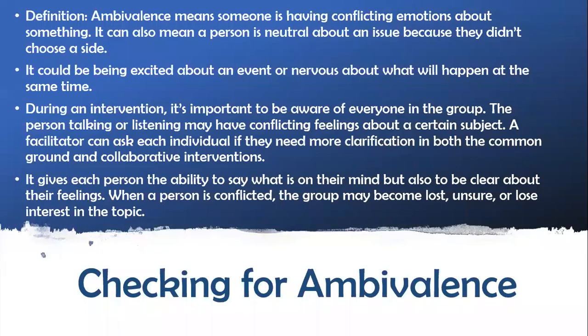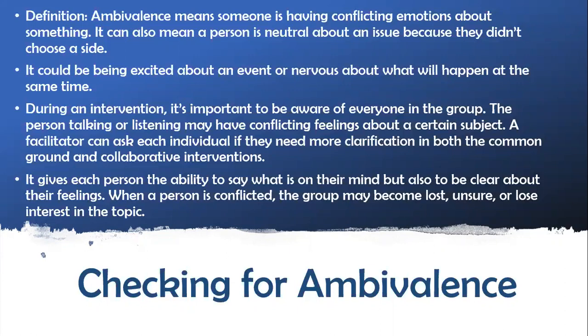Checking for ambivalence. It means someone is having conflicting emotions about something. It could also mean a person is neutral about an issue because they didn't choose a side. It could be being excited about an event or nervous about what will happen at the same time. During an intervention, it's important to be aware of everyone in the group.